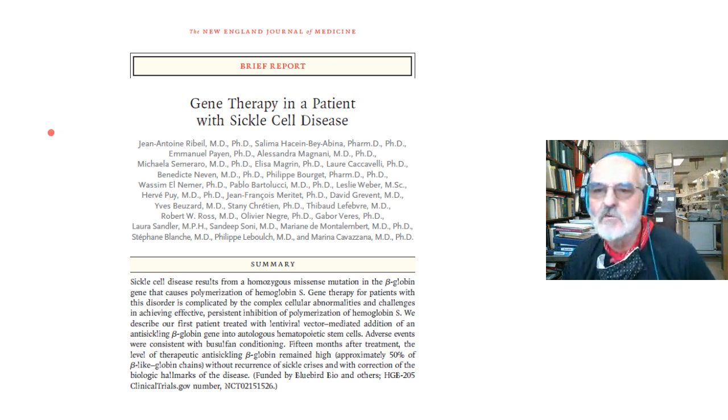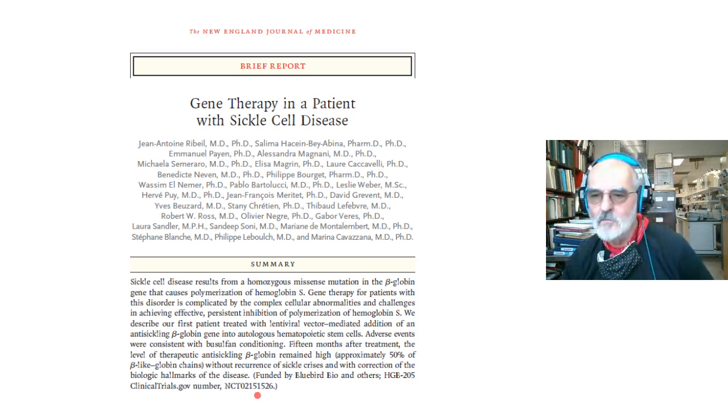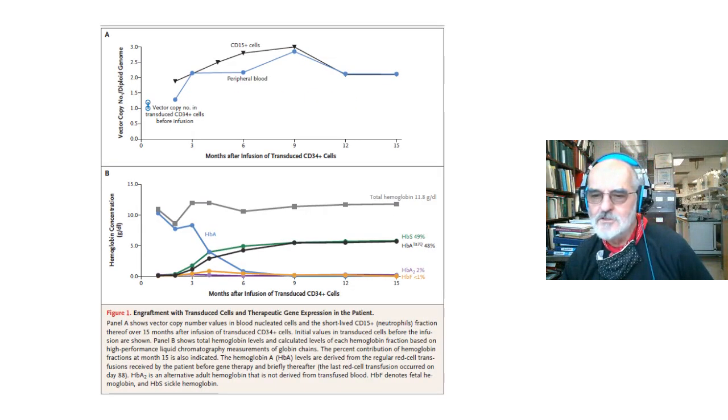This is a recent New England Journal of Medicine article where they put a normal hemoglobin into a patient who was sickle cell. So this patient had no normal hemoglobin, and he was basically surviving on blood transfusions. Apparently, he had very severe hemoglobin S. So the hemoglobin A that he was showing here in his blood was because he was living on transfusions.